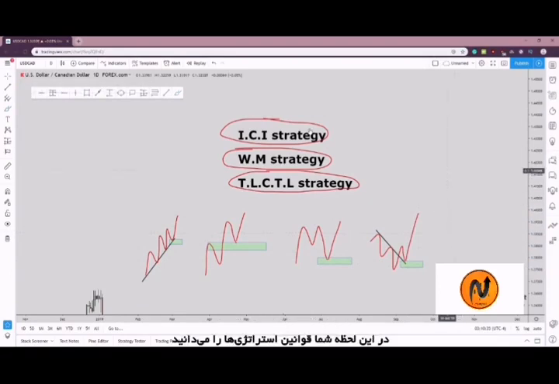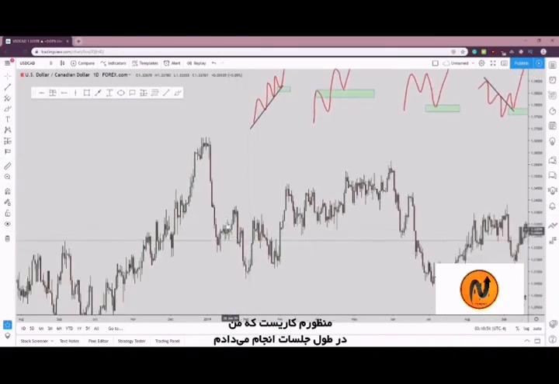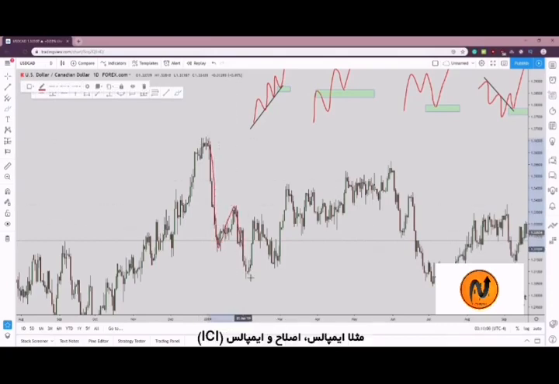So what is your job at the moment? So at the moment, you know the rules of the strategies, you know how you're supposed to apply them. Now it's the moment to basically backtest and live trade them. What do I mean by this? The first thing you need to do, you're supposed to be backtesting the strategies. What do I mean? Simply what we did during the session. So basically see when the market is showing you the pattern. So basically impulse, correction, impulse.